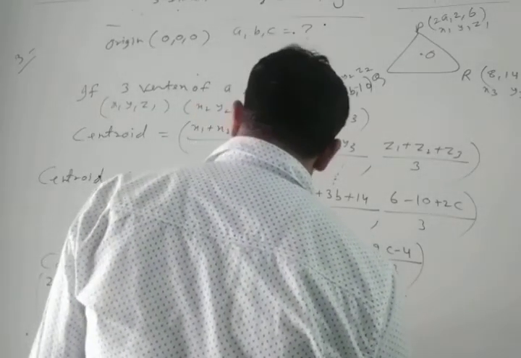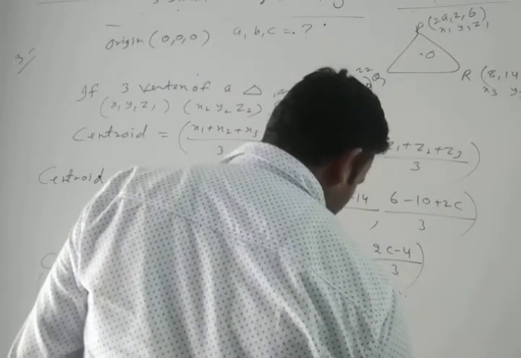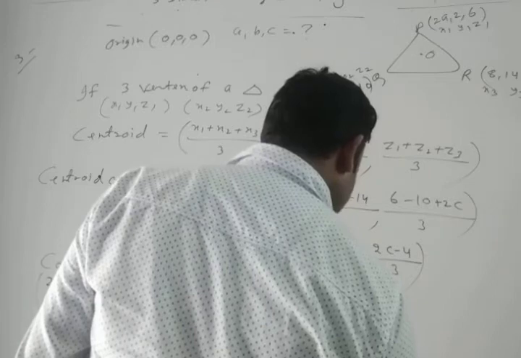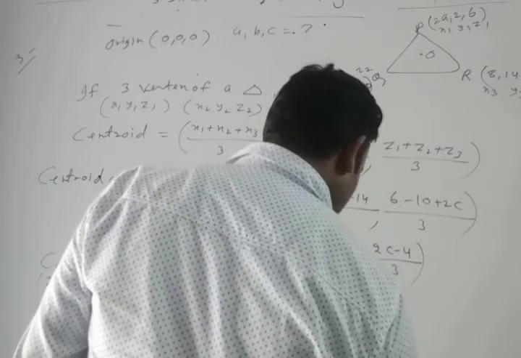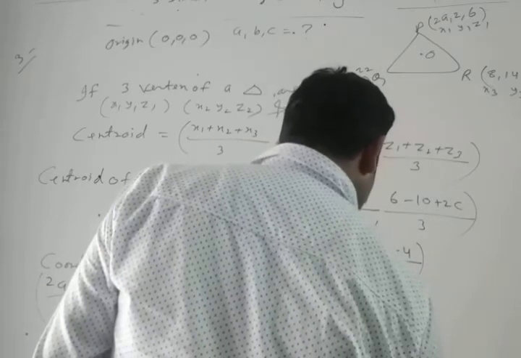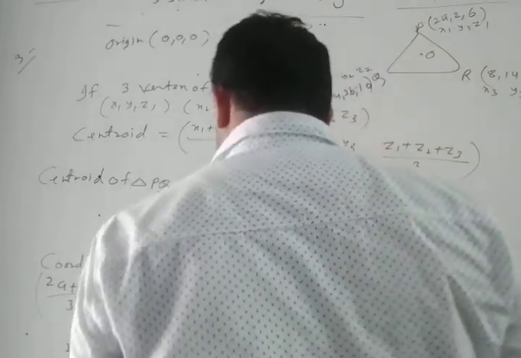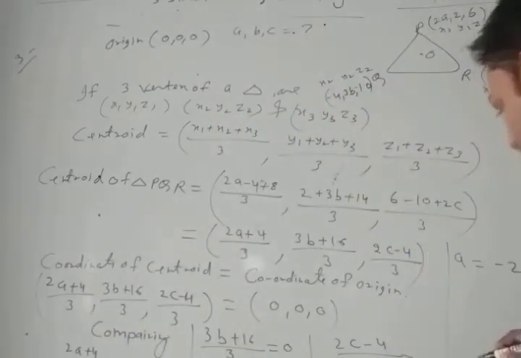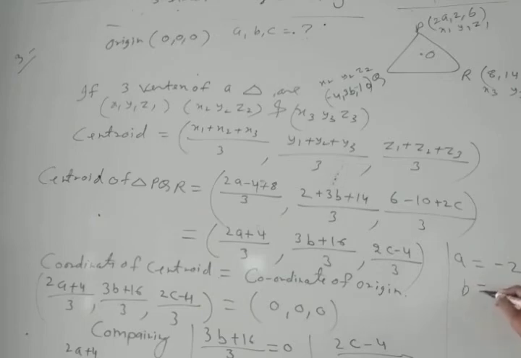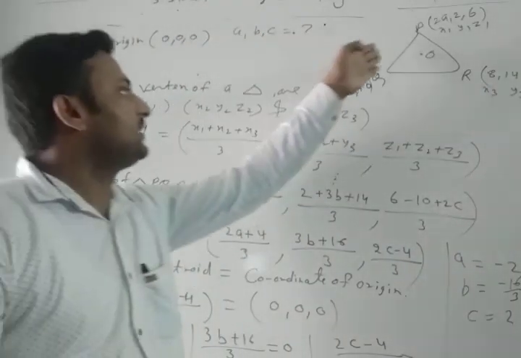Again 2c minus 4 by 3 is equal to 0, 2c is equal to 4, c is equal to 4 by 2. So value of a is minus 2 and b is minus 16 by 3 and c is 2. In this way you can find the value of a, b, c.